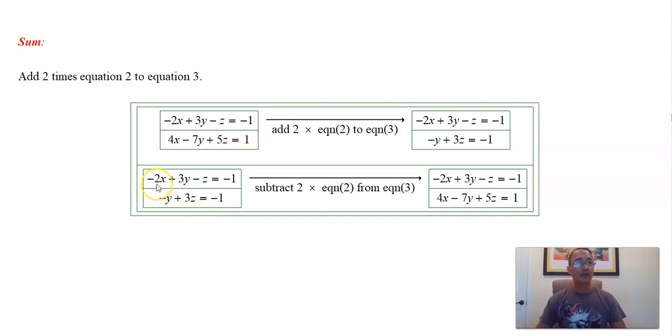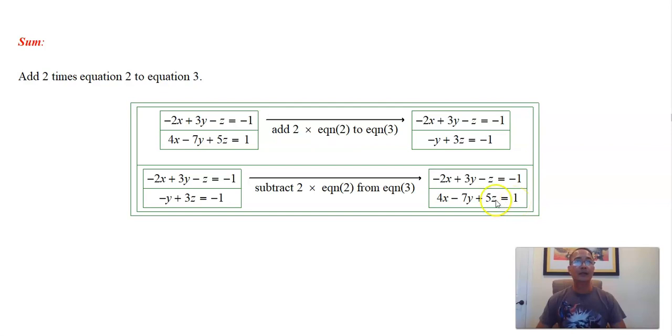So we will get positive 4x on the left side. Negative 6y minus y gives you negative 7y. Positive 2z plus 3z gives you 5z. On the right side, you will get positive 2 minus 1. That gets you positive 1.